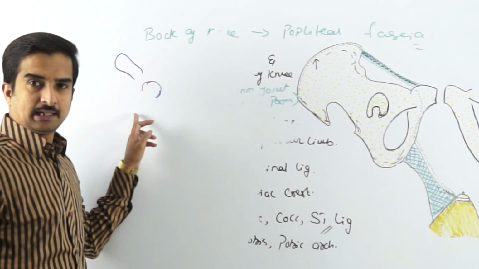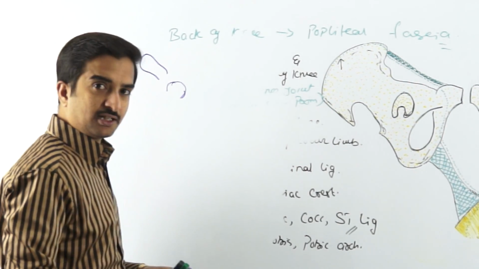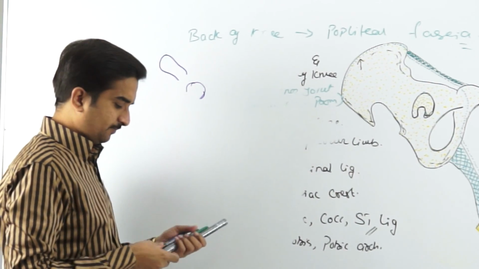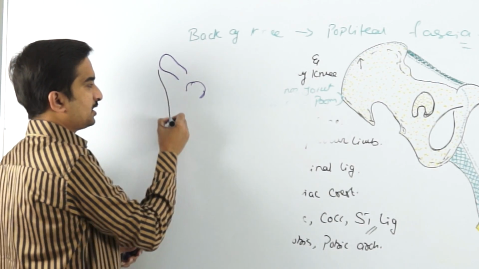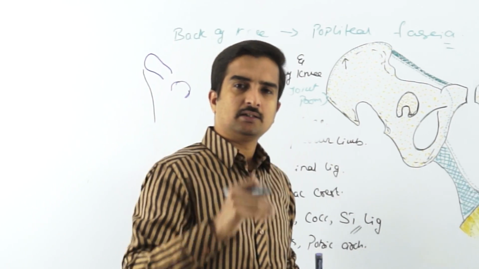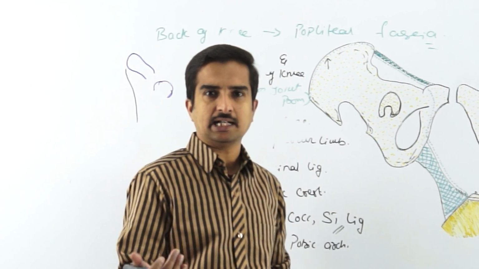This iliotibial tract extends from the iliac crest. Here you can see, it extends from the tubercle of the iliac crest, which is present on the outer, or external, part of the iliac crest.